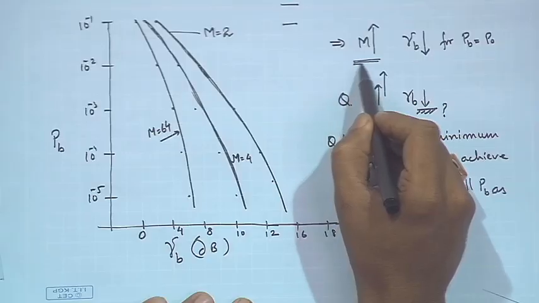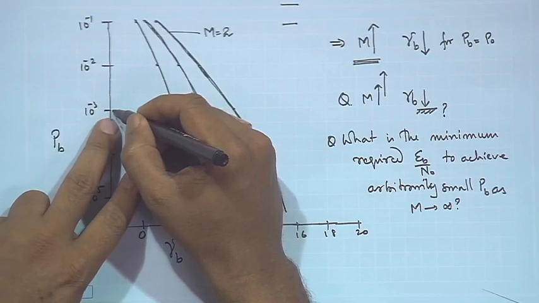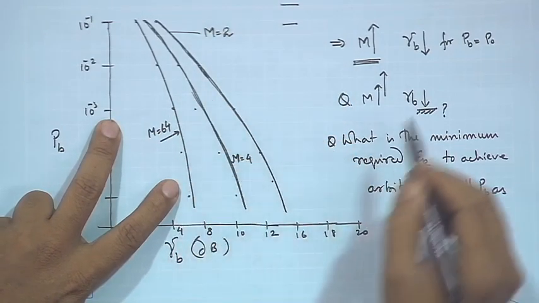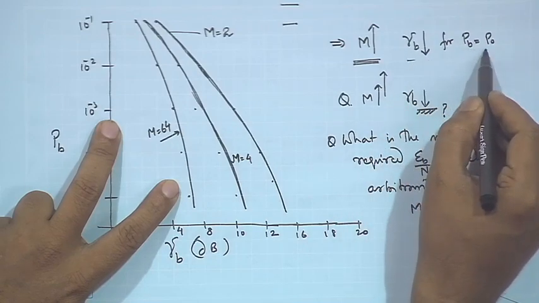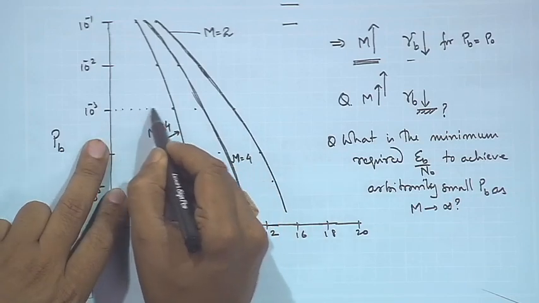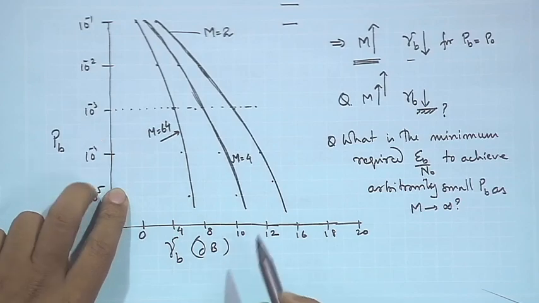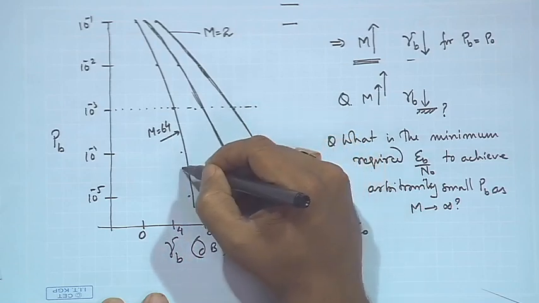So, let us briefly look at some of the things here. What we stated here is that as m increases, the Eb by N naught decreases for the same P_B. That means if I keep a particular probability of error, as I increase m, I go from this m to this m and this m to this m.